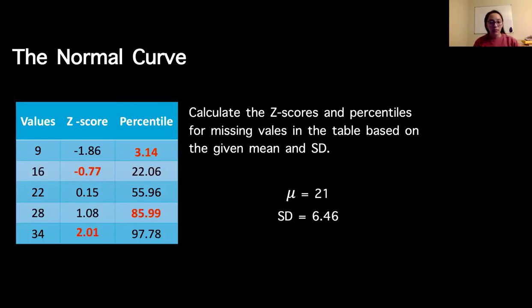Try to fill in the blanks on your own using our z-score formula and the z-tables, just so you have some practice before you take the quiz, because there are questions where you might have to calculate stuff. I'll leave those for you to work on independently.